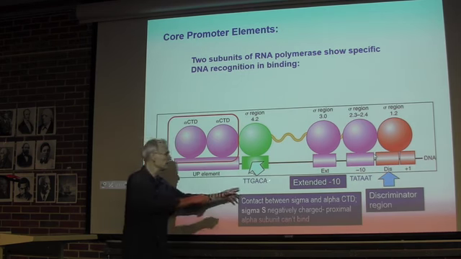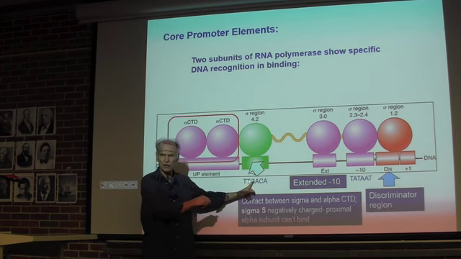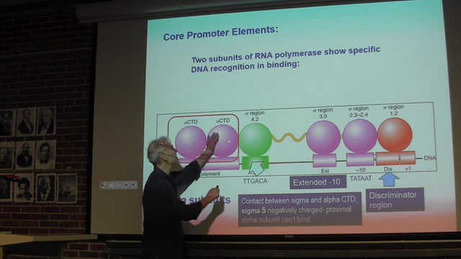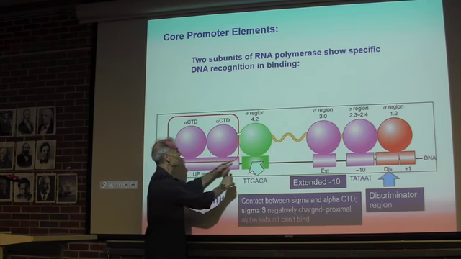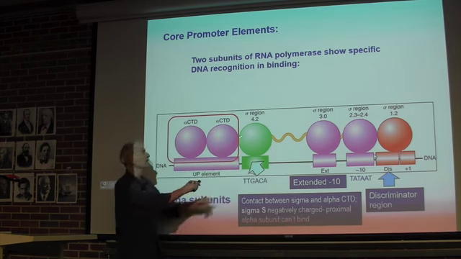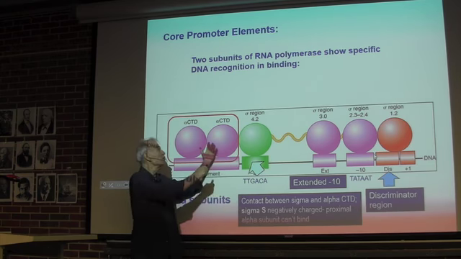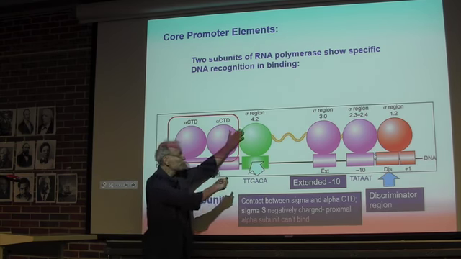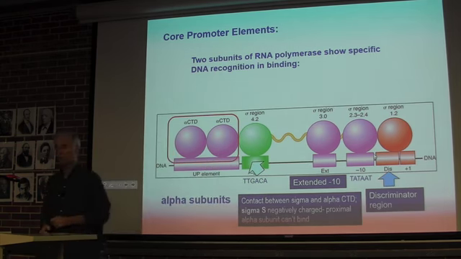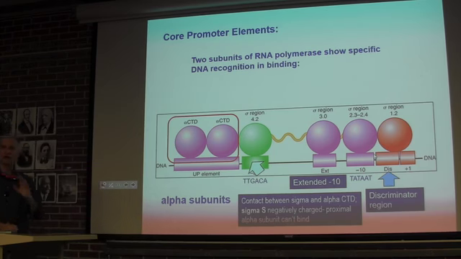So you build in a mistake, and quite often the mistake is at minus 35, so that you need to have this further stabilizing interaction between the CTD of alpha and sigma, or between cap and the domain 4.2 of sigma. Very deliberate strategy employed by all organisms. Build in mistakes so you can regulate.